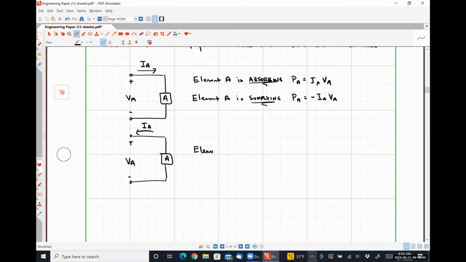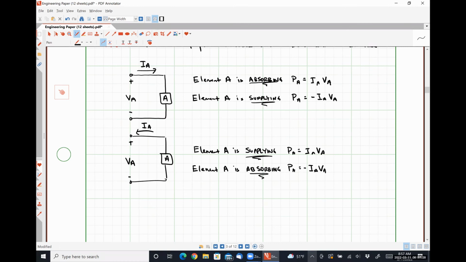We can say that element A is supplying PA equal to IA times VA, and alternatively, element A is absorbing, write that in all caps like the other ones, PA equal to negative IA times VA.